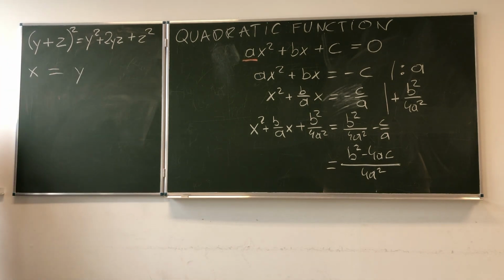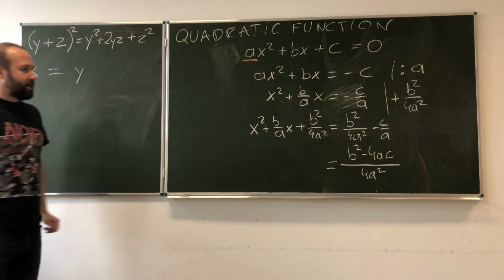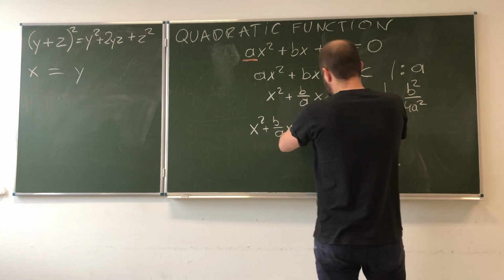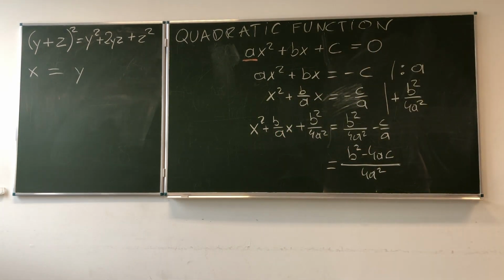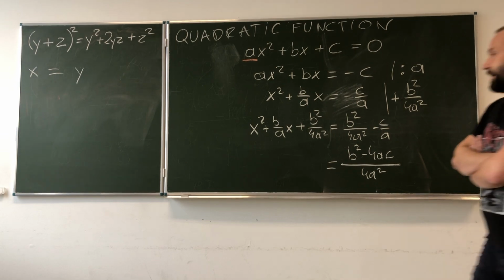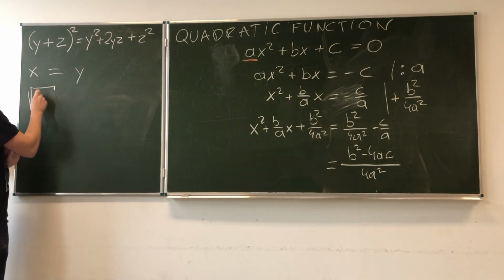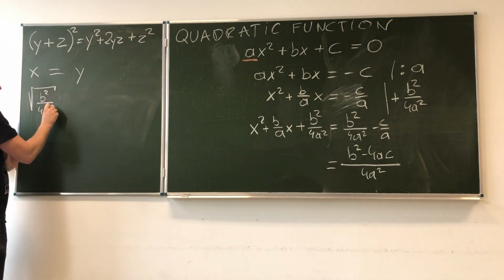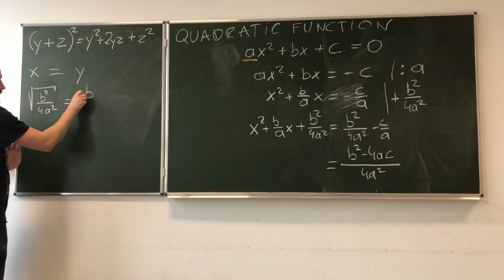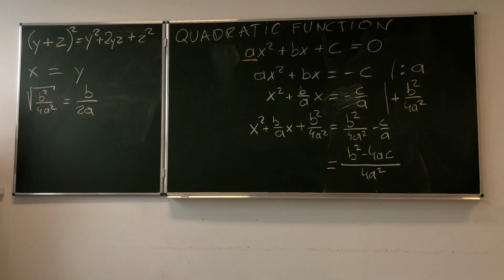Okay, let's just say that they are equal, right? From this formula. Now, look, if I'm going to take square root out of this expression, what will I get? Well, square root out of b squared over 4a squared is equal to b over 2a.